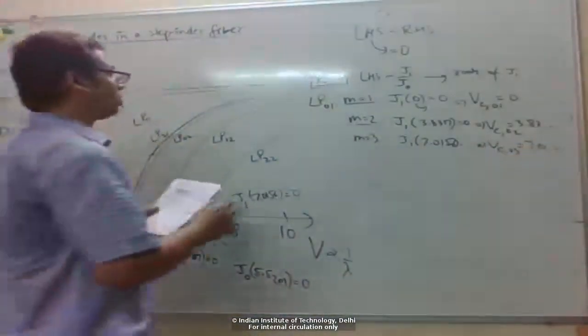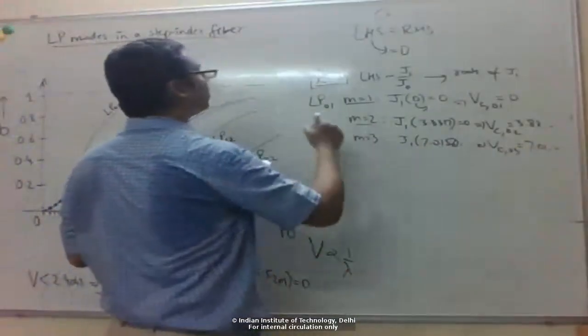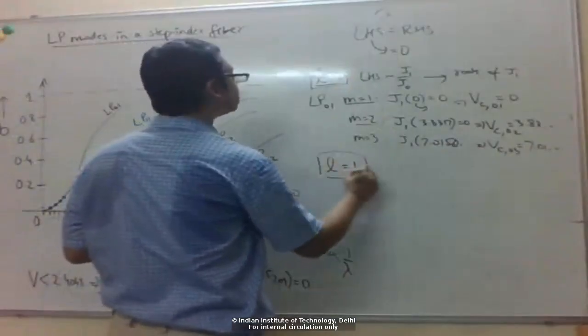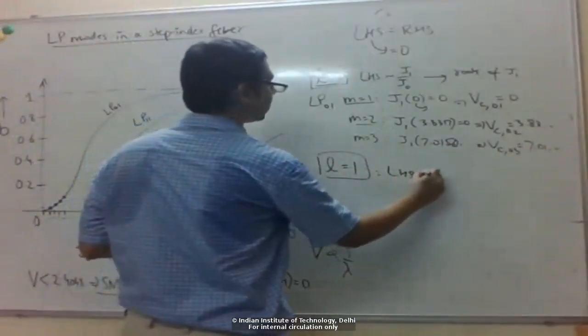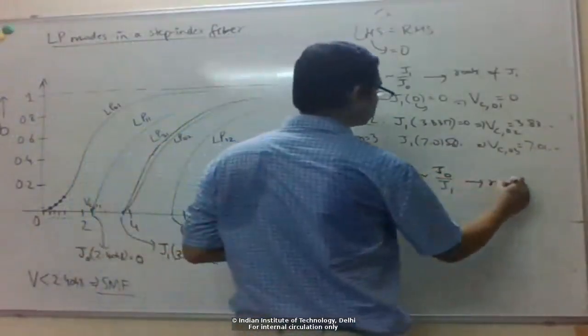Now for other values of L, we have L minus 1 by L. For example, for L equal to 1, we have J0 by J1. So now we are looking for roots of J0.